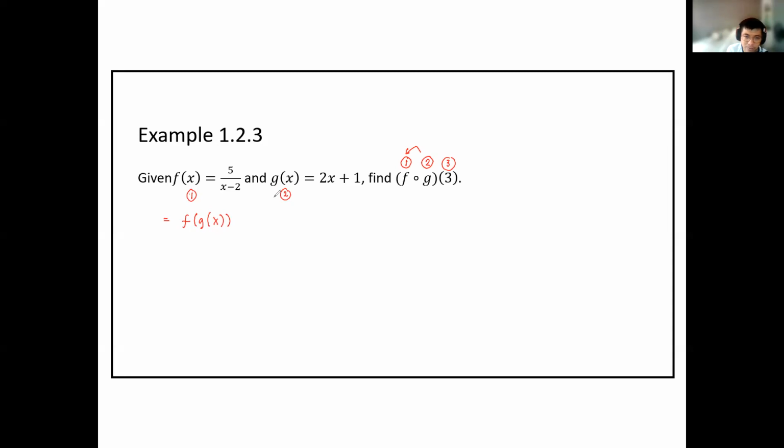So again, incorporate 2 into 1, right? So the x value will be replaced by this term here. Okay, for clarity, let's try another color. There are nice features on Zoom, right, since it has colors.